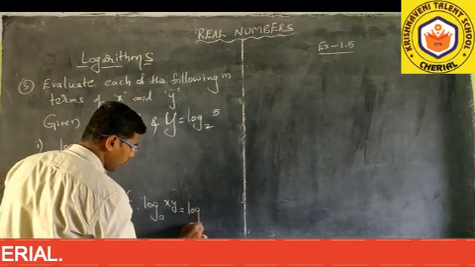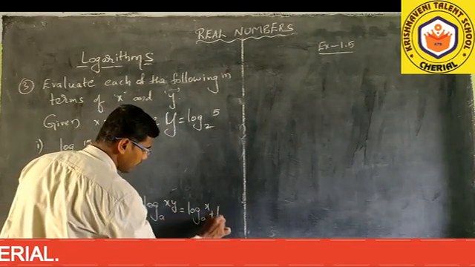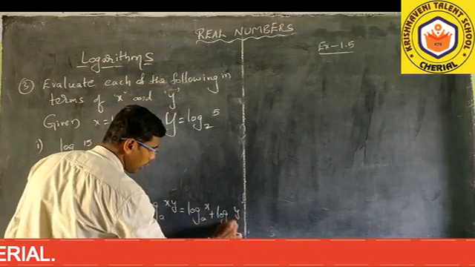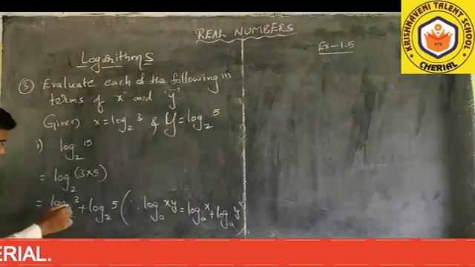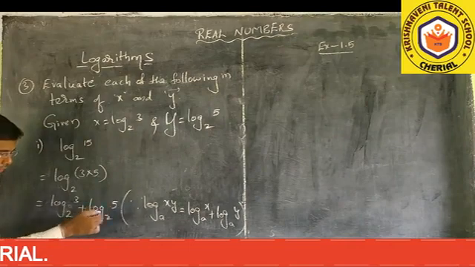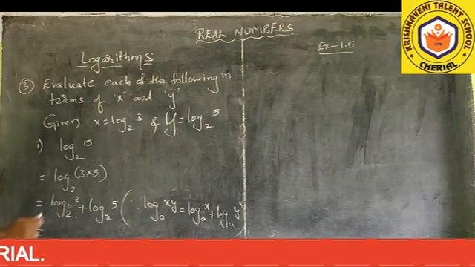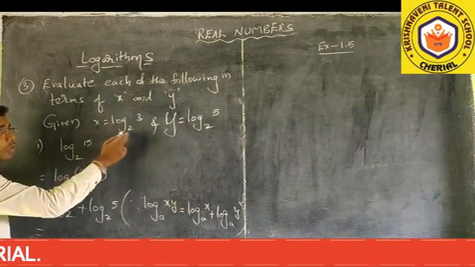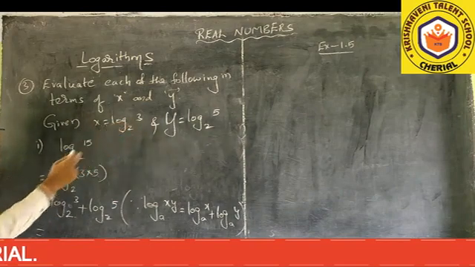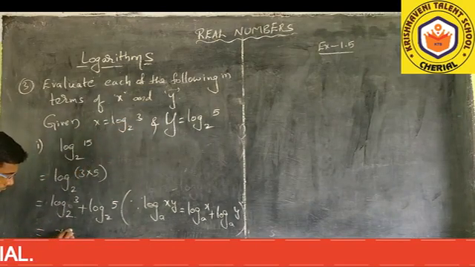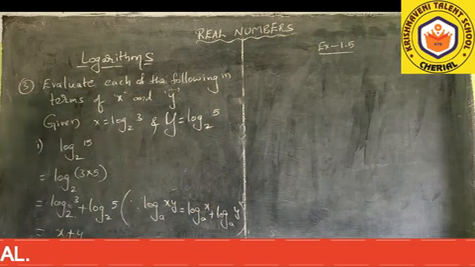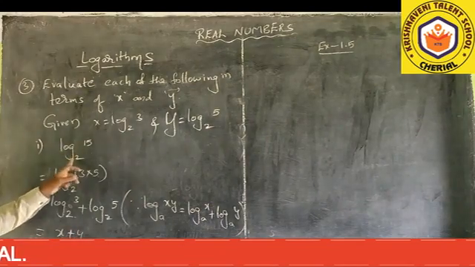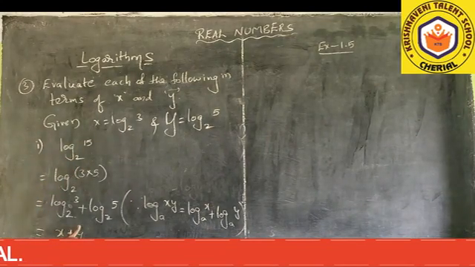You can write it as log x to the base a plus log y to the base a. That is the first law. So log 3 to the base 2 plus log 5 to the base 2. Now, what is given? Log 3 to the base 2 is x and log 5 to the base 2 is y. So it equals x plus y. Therefore the value of log 15 to the base 2 is x plus y.